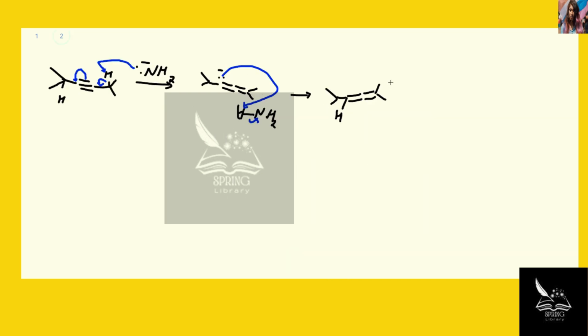Well, because there's nothing downstream that can happen with this. This is essentially a dead end. We can't use the base that we reformed to deprotonate anything, because if we were to deprotonate this, we would just form that unstable carbanion. And the conjugate base of this is not that stable.